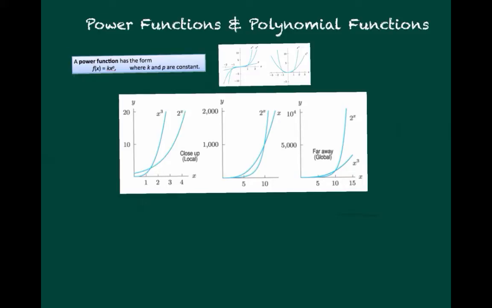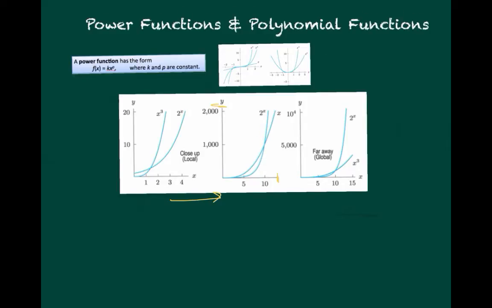But as we look at our next frame, you can see that as x is getting bigger, and not much bigger, as we look at x out to, say, 15, and y up to 2,000, we can already see that the exponential is going to cross the power function and begin to dominate it.